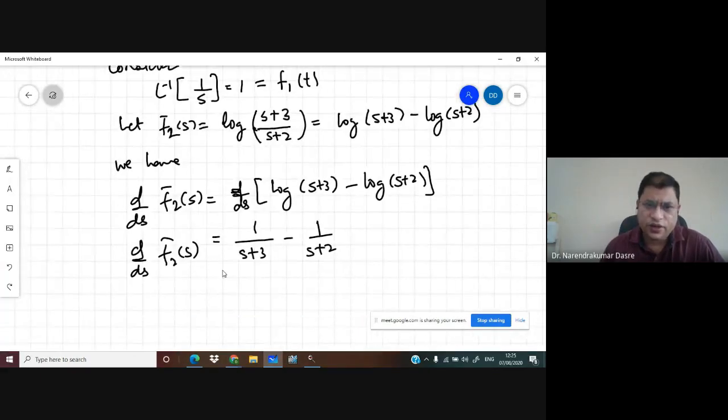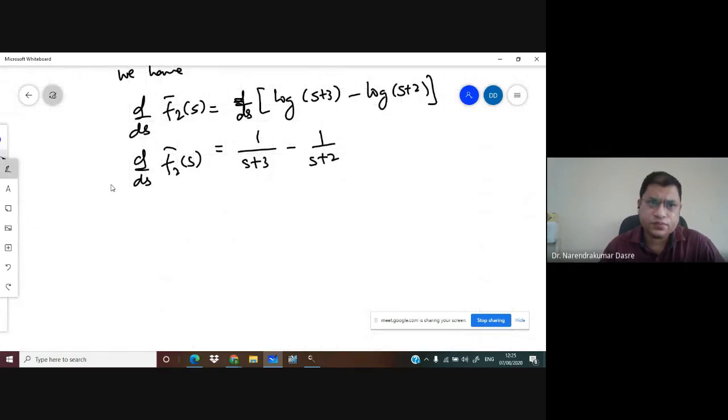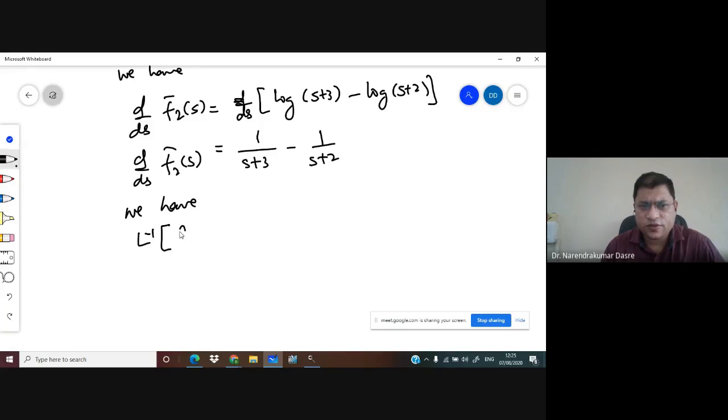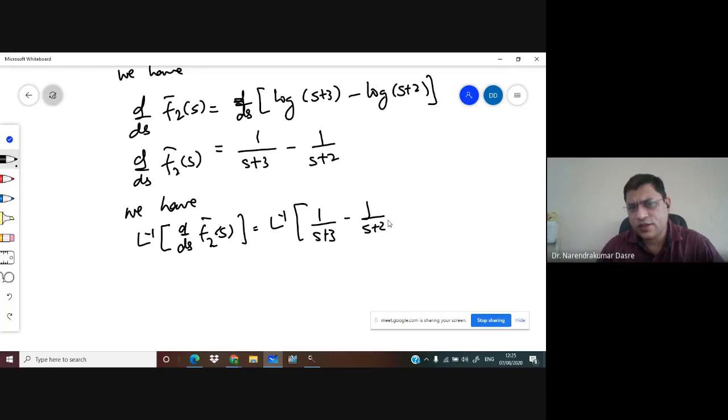Now we have the Laplace inverse of d by ds of f2 bar of s is equal to the Laplace inverse of 1 upon (s plus 3) minus 1 upon (s plus 2).